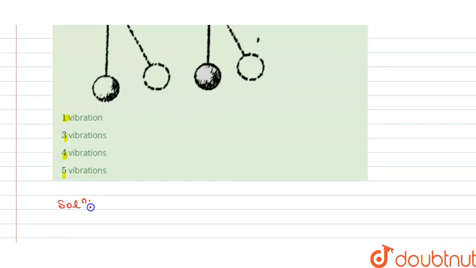So the solution of this question is, let T1 and T2 be the time period of the first and second pendulum.